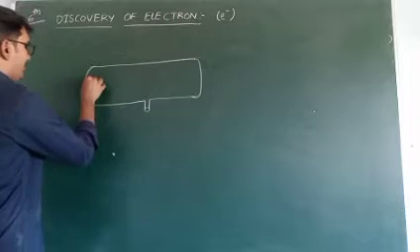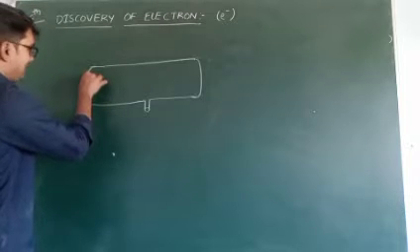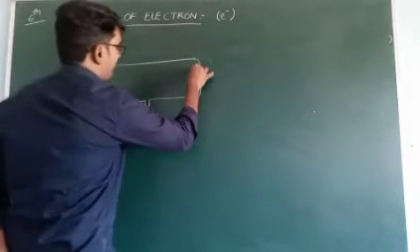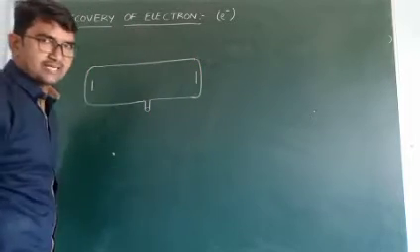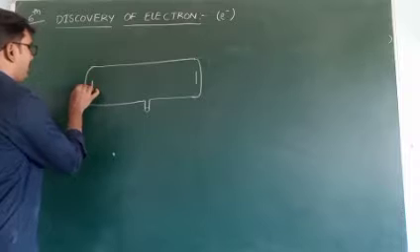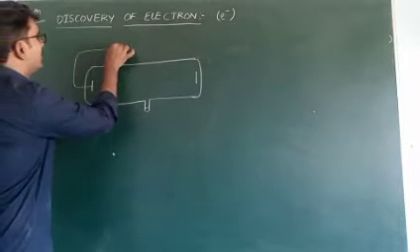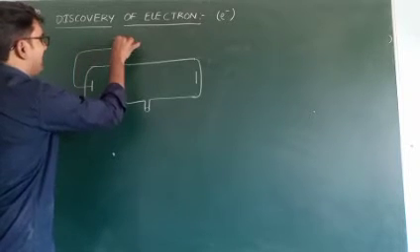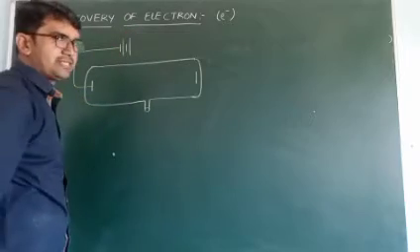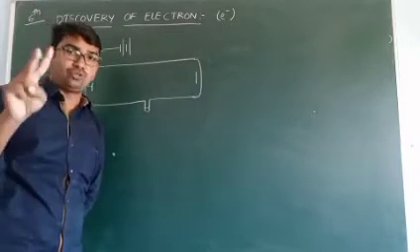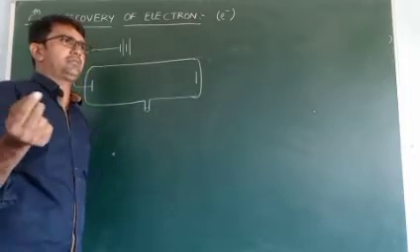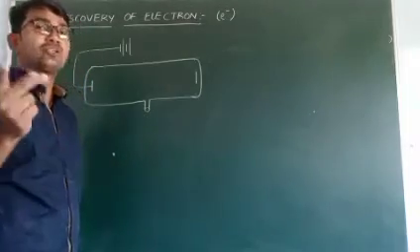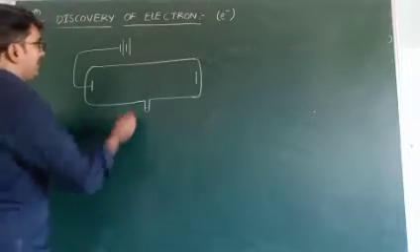In this tube, for passing electricity, two electrodes are present. Electrodes means we know that wires, current wires. In current wires, we observe two wires: red wire, yellow color wires, or sometimes red, blue color. So different colors are present.